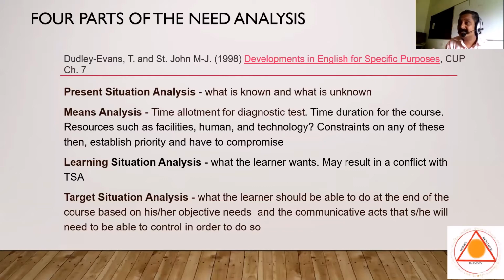But if there are 16 students, you require one additional teaching assistant, because you can't reach everybody. As humans, we have limitations and constraints on any of these. Then we establish priorities and have to compromise on things.